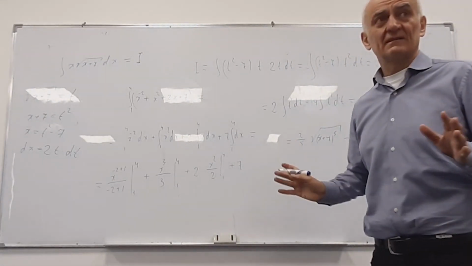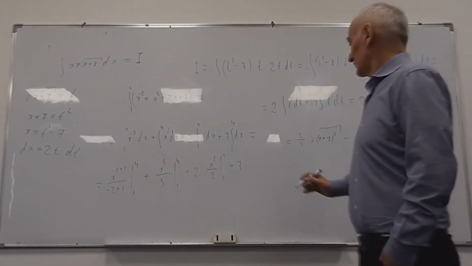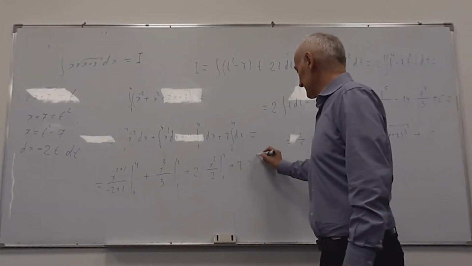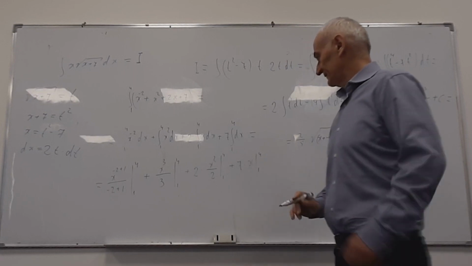It's x, absolutely. So 7 times x, and from 1 to 4.